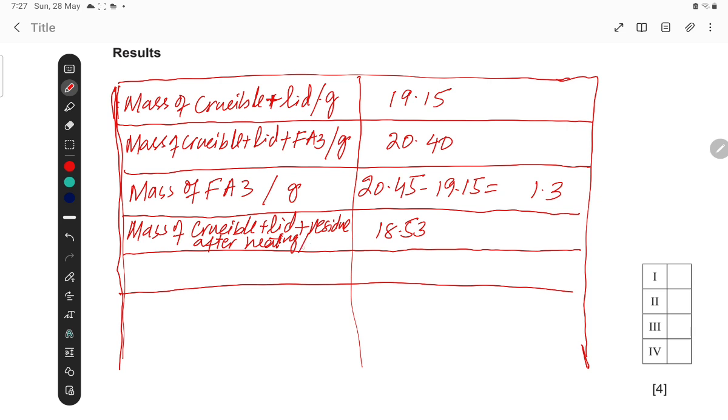Don't forget to write down the unit. Mass of FA3 used.